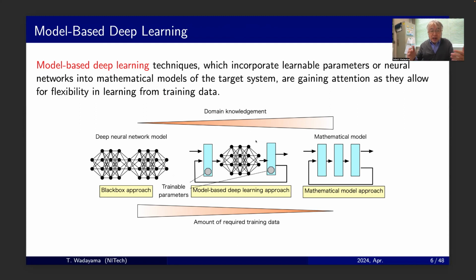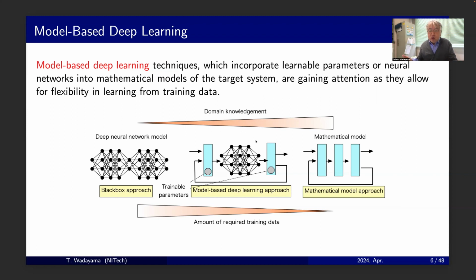This figure illustrates the concept of model-based deep learning. The model at the center has internal trainable parameters and internal neural networks. These internal parameters can be trained by using standard deep learning techniques.